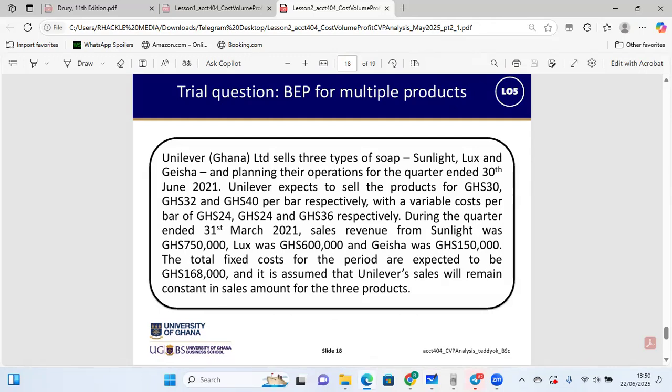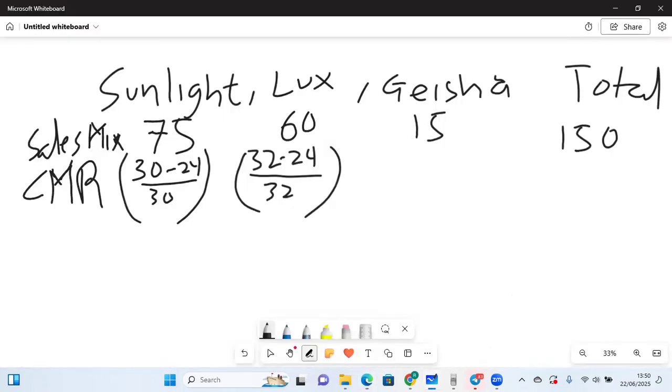So you see that the variable costs are here.